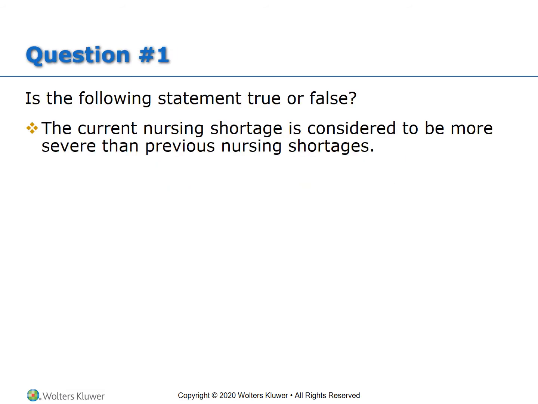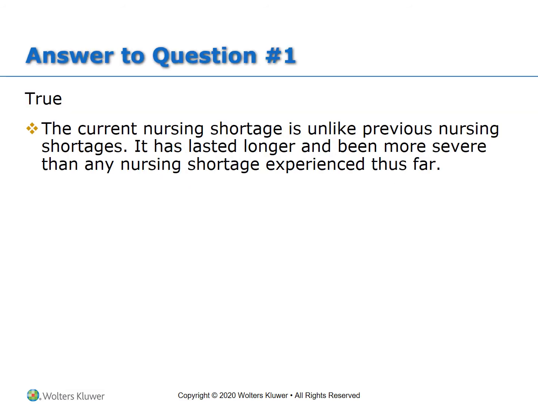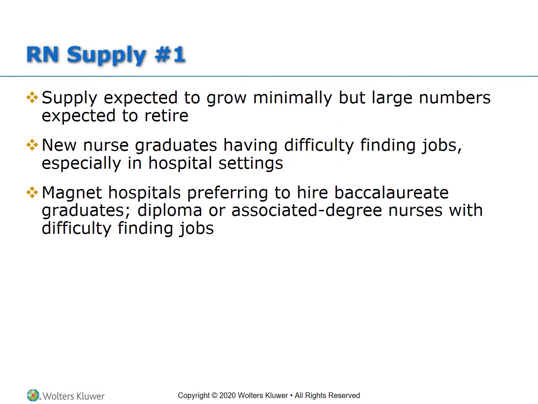True. It's lasted longer and been more severe than any other nursing shortage that we have experienced so far. Part of it is our supply hasn't grown to replace the number of nurses expected to retire.